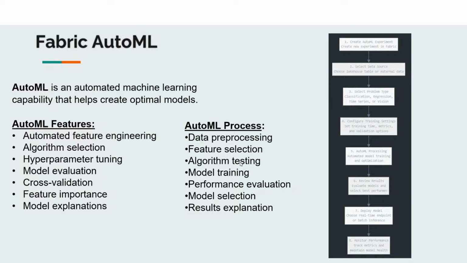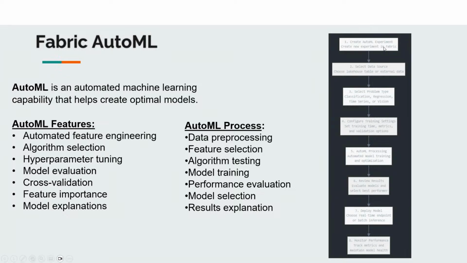It helps you select the best one, and then you can do model training, evaluate the performance, meaning how well it's making predictions, select the best model, and explain the results. So there's an 8-step process here of going from beginning to end with AutoML.